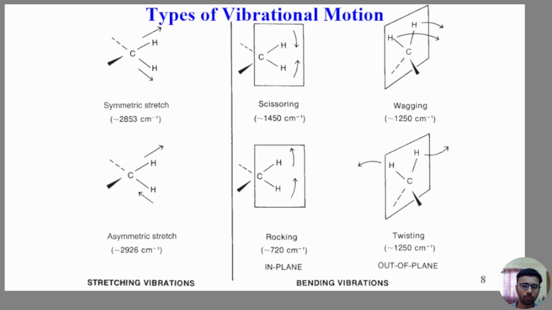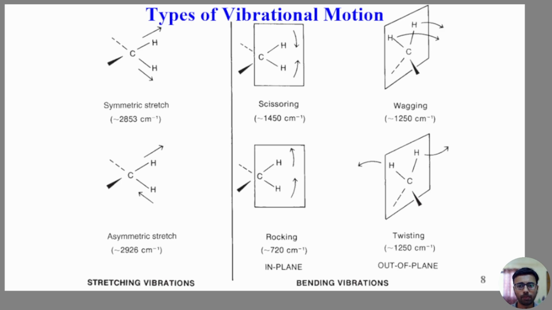Here both atoms move together in the same direction, swinging back and forth within the plane. This motion resembles a pendulum. Rocking usually occurs at lower energy, typically around 720 cm⁻¹.